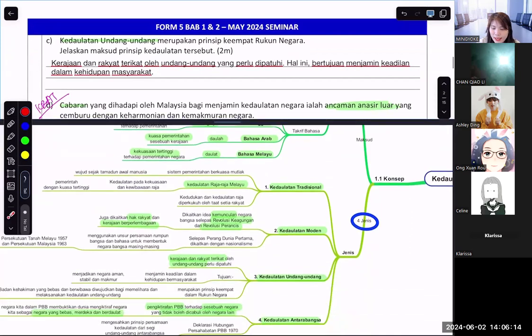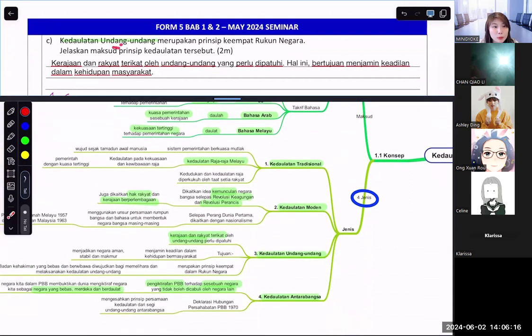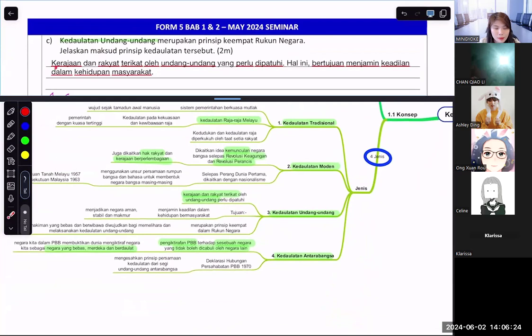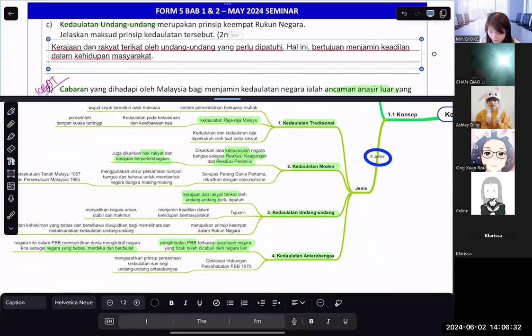Now, they ask you kedaulatan undang-undang. Again, you can direct straight answer. Kedaulatan undang-undang: kerajaan dan rakyat, or you can merujuk terikat oleh undang-undang yang perlu dipatuhi.